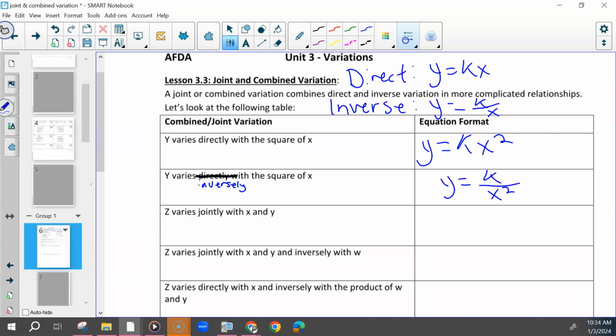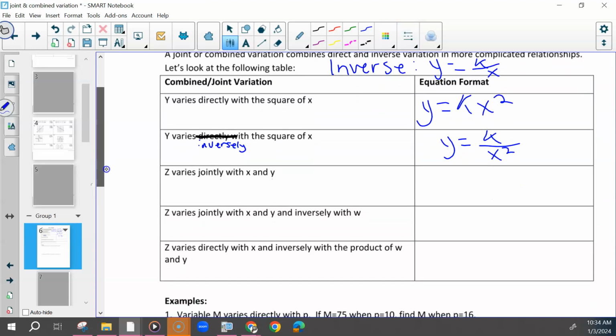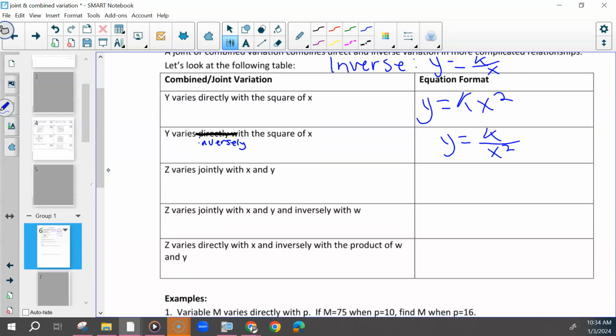So y varies inversely with the square of x. The k is implied. You always need a k. If you're missing k, you kind of miss the whole point. Now our variables change, and we're using the word jointly. Jointly is like direct.